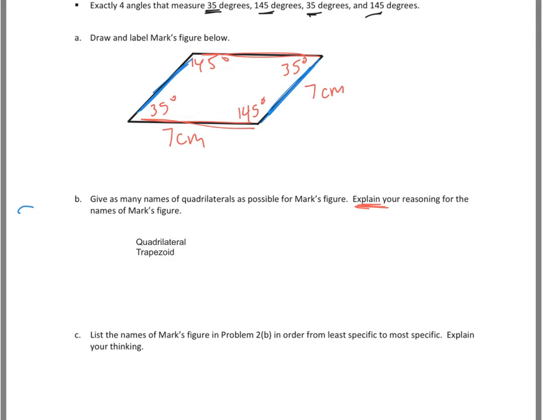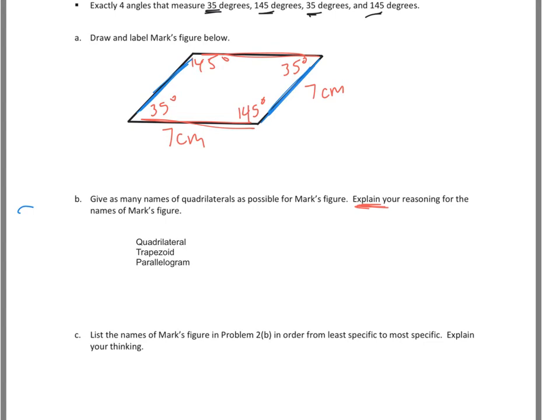So I do have a quadrilateral, but I also have one pair of parallel sides in it, meaning now I also have a trapezoid, because remember a trapezoid has at least one pair of parallel sides. This one has two, so now I'm looking at a parallelogram because there's two of them. So I have three different shapes so far.